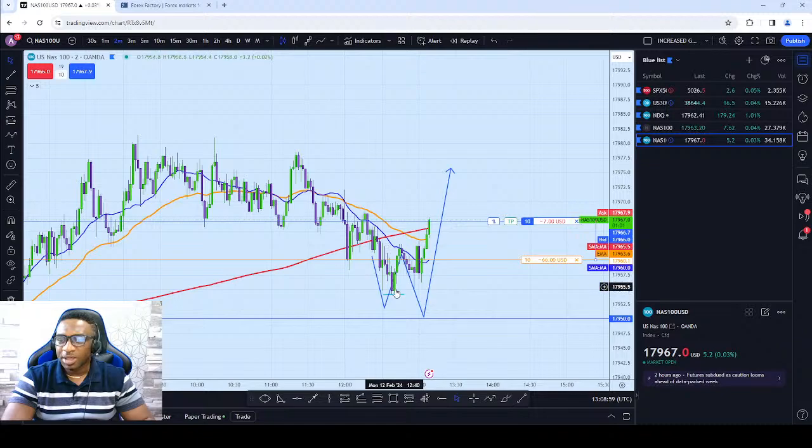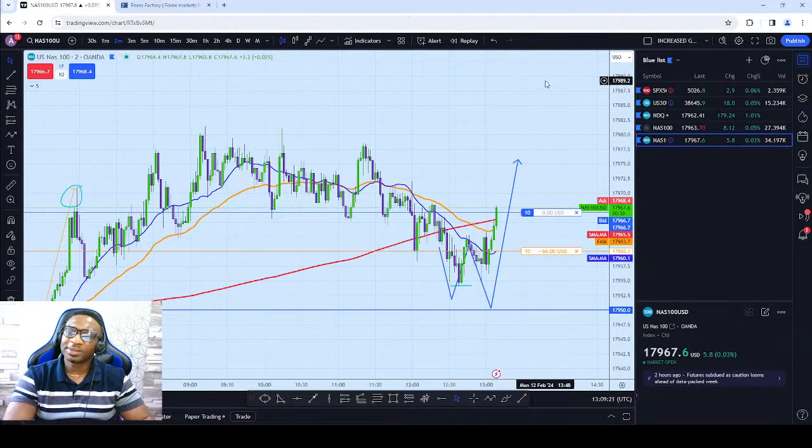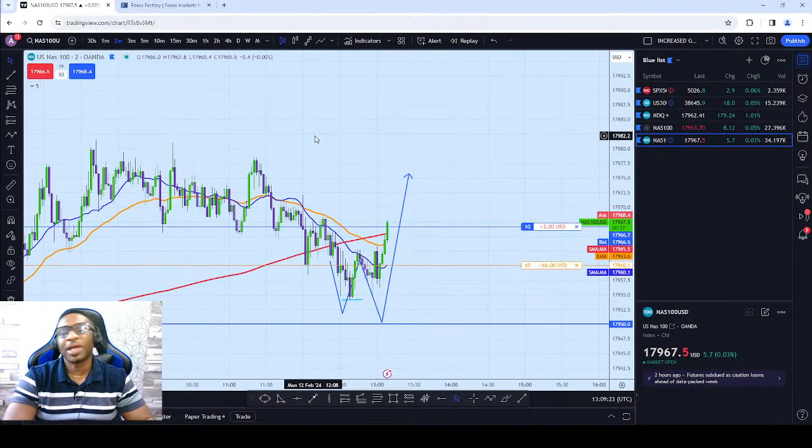So you can see how it's worked out. It formed this W, and from there it's pushing to the upside. As we said, from the narrow state to the wide state, then from the wide state to the narrow state, and the narrow state back to the wide state as it continues making higher highs.